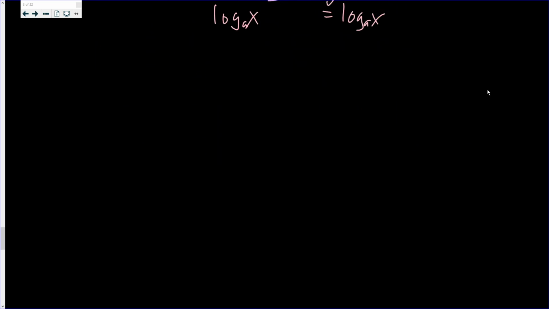Okay. So how would you simplify this? Remember that a raised to the log base a of x is just x. So how would you simplify 10 raised to the 2 log 3?